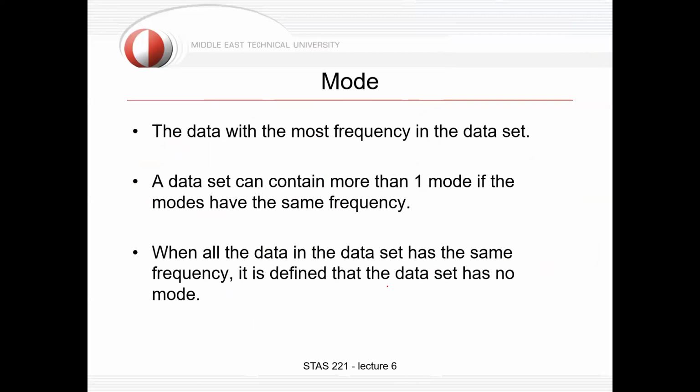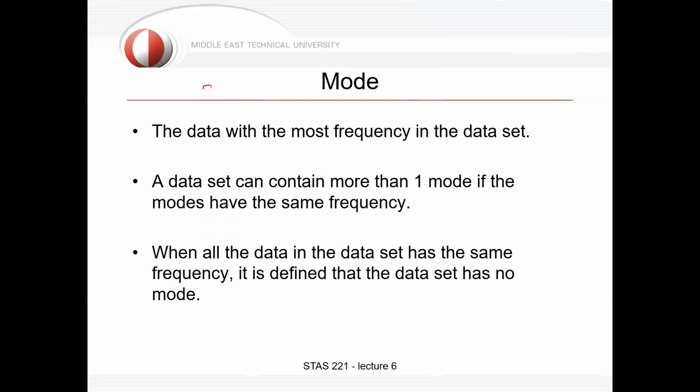There's another central criteria. So far, for central criteria, you are familiar with mean of the sample. And another one can be mentioned is mode. The data with the most frequency in your data set, we can call it a mode.